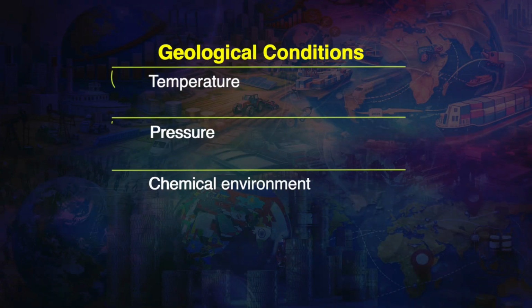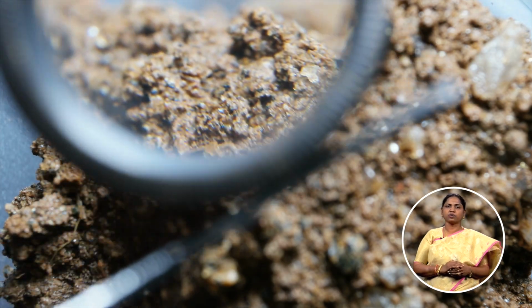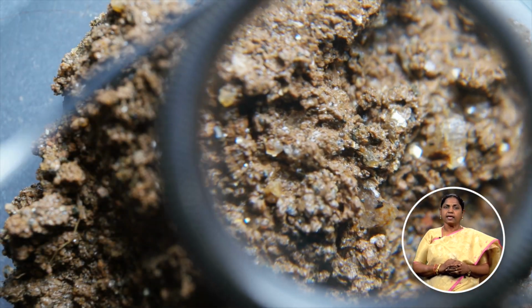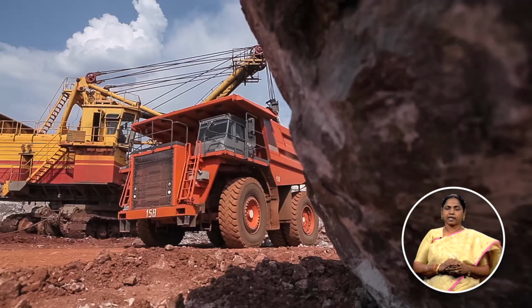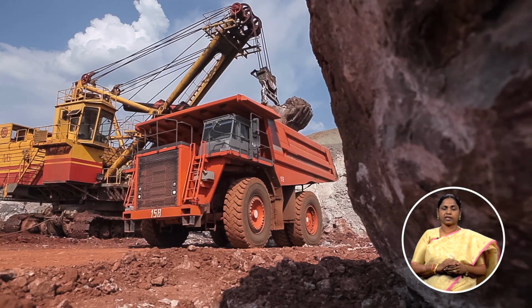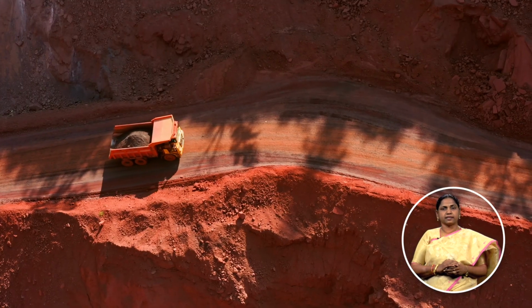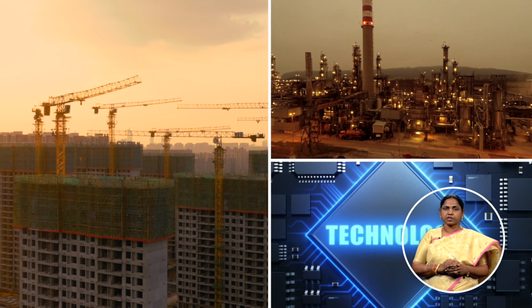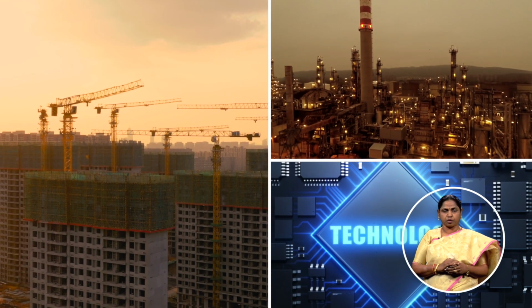To understand minerals, one needs to be aware of the geological conditions such as temperature, pressure, and chemical environment. In fact, minerals are not only geological occurrences, they are also important economic resources as they supply raw materials to various industrial sectors like construction, energy production, and technology.